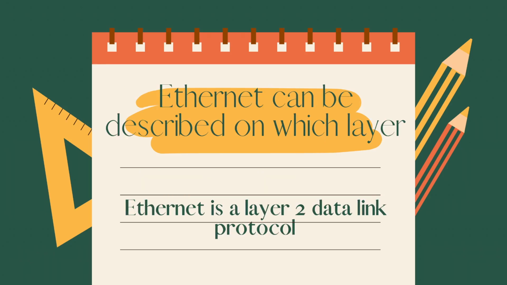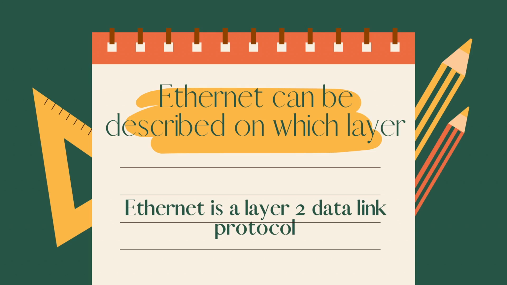The Ethernet can be described on which layer? This was the next question that was asked. See, Ethernet is basically a layer 2 protocol. So the data link layer was the right answer to this question. I hope you all have answered it correctly. If the options were layer 1, layer 2, and such options, you would have chosen layer 2.